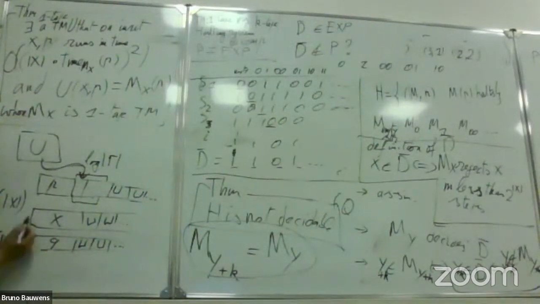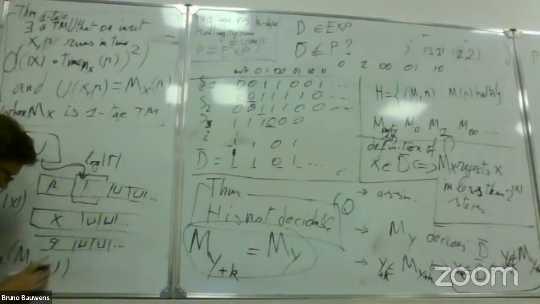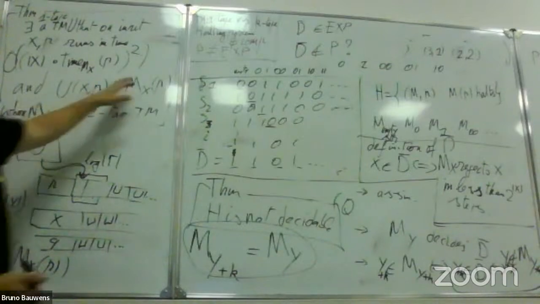So we have M. One step costs us something proportional to the length of X. The number of steps we need to do is the time of M_X on P, so this needs to be multiplied by it. This will be our runtime. Here we have a universal Turing machine, and that means that we have proven P is not equal to EXP.